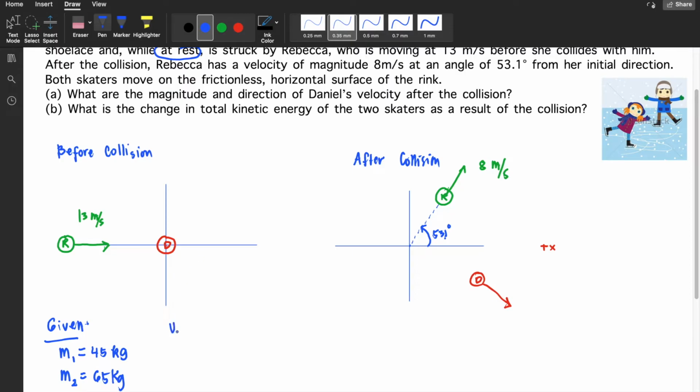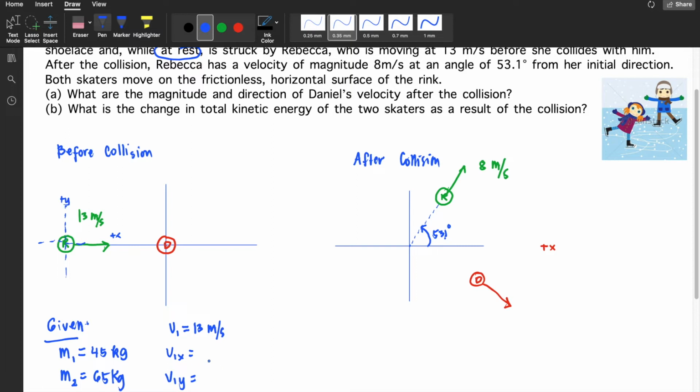V1 has a magnitude of 13 meters per second, but you have to take note to look for its v1x and v1y. It's moving along the positive x direction; here's the positive x and then the positive y.